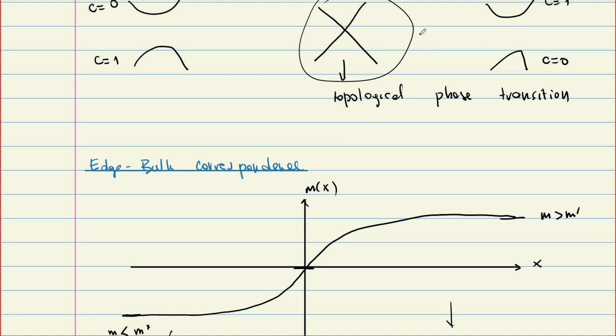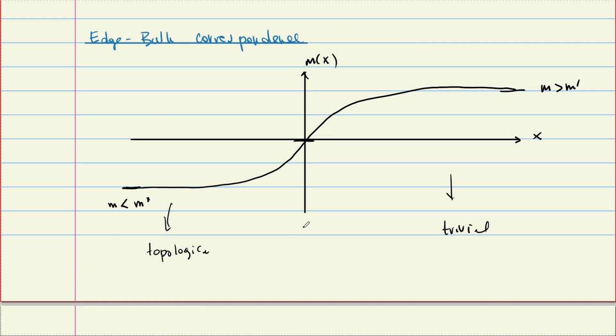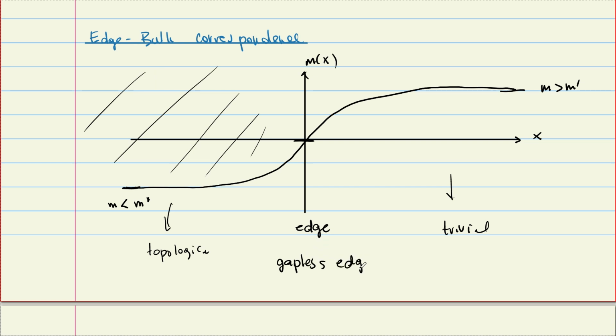So this is the edge. There is one sample here, another sample here, and there has to be gapless edge modes as you go from one regime to another.